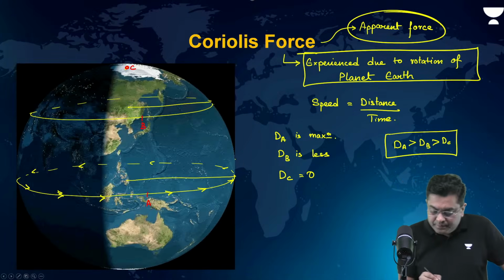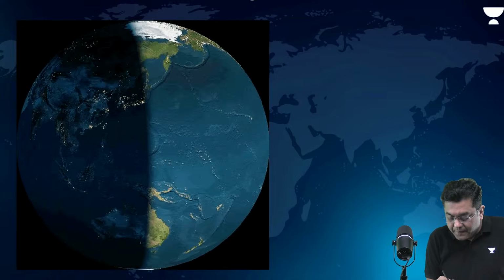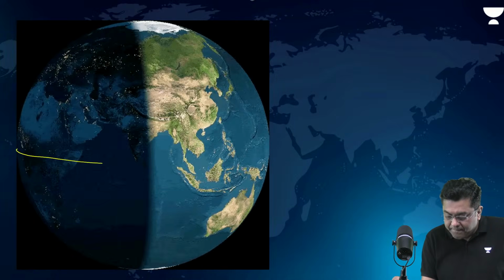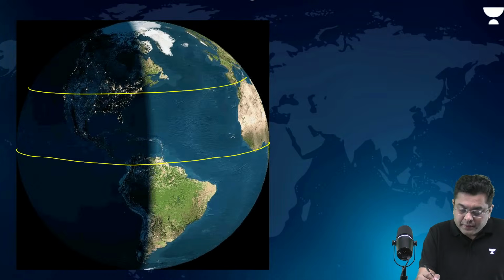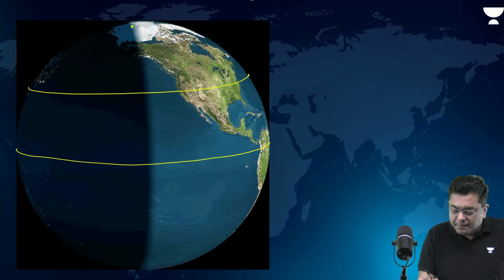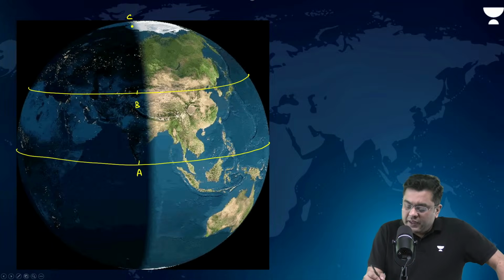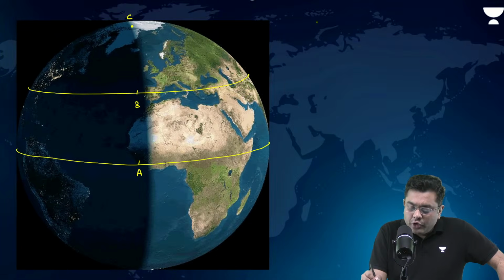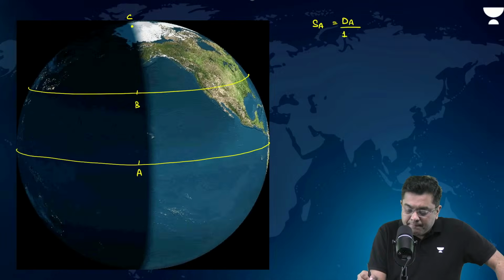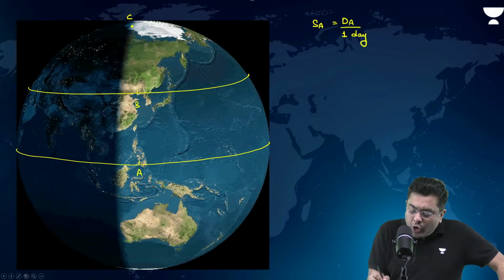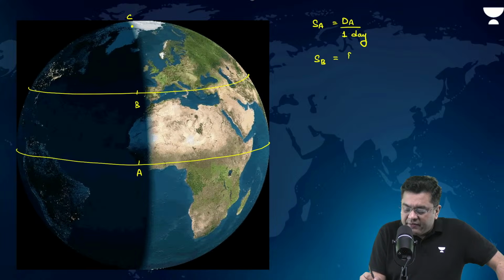Now, based on this, if I carry out the same kind of analysis, I have C, B, and A. So, speed of A is equal to distance covered by A divided by 1 day. Speed of the region of B is equal to distance covered by B divided by 1 day.